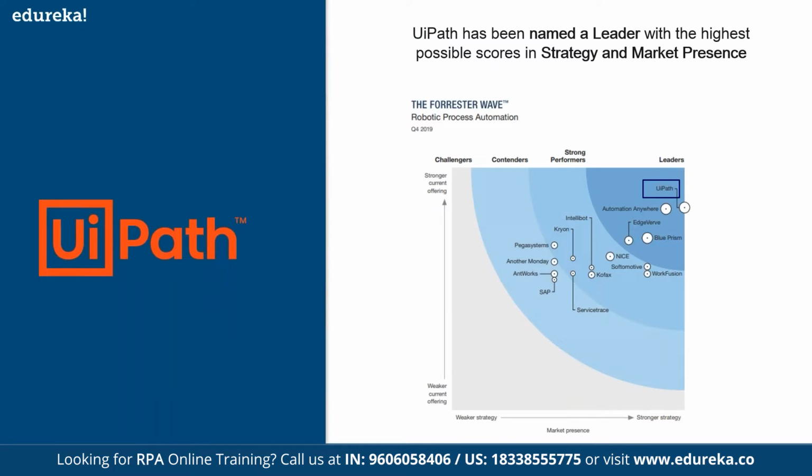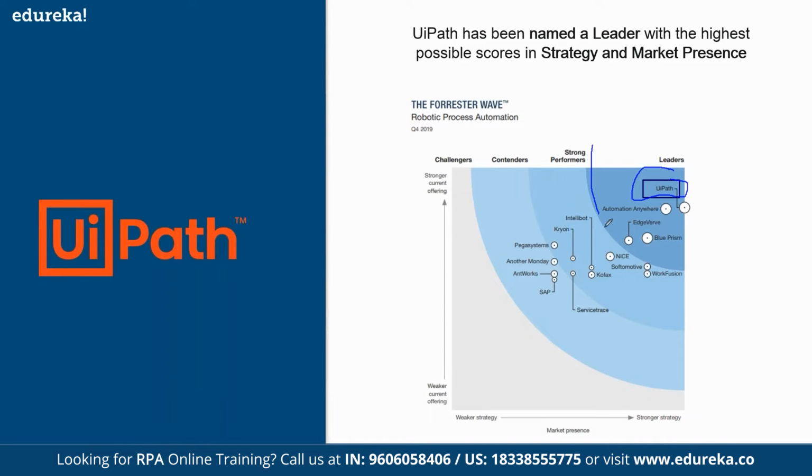So as I said, UiPath has been named a leader, with the highest possible score in strategy and market presence. You can see on the x-axis you have market presence, and on the y-axis you have the strategy. In combination of that, you can see UiPath is currently leading.